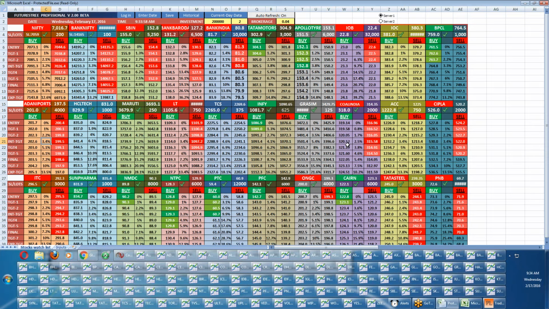So Nifty is around 30 points down. Tata Motors and Tata Motors DVR is a buy.